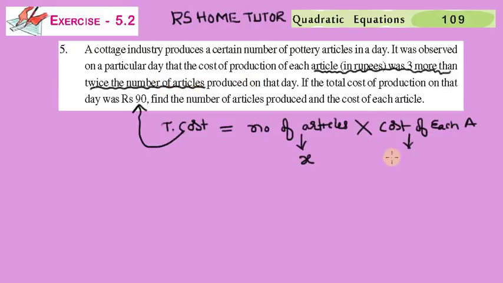So as simple as that, twice the number of articles and 3 more. So this is the cost of each article.